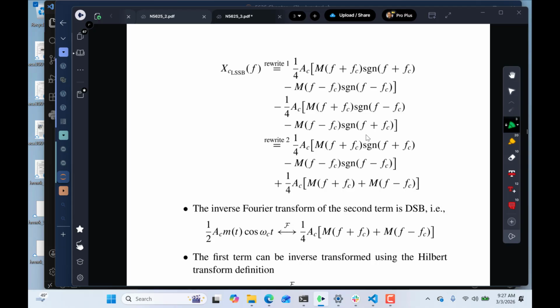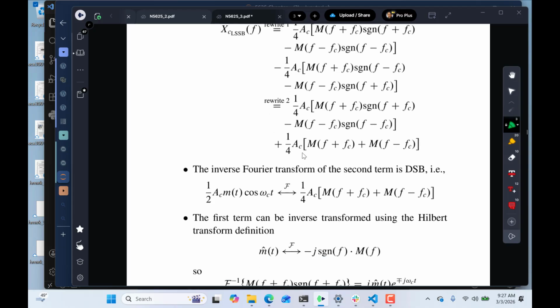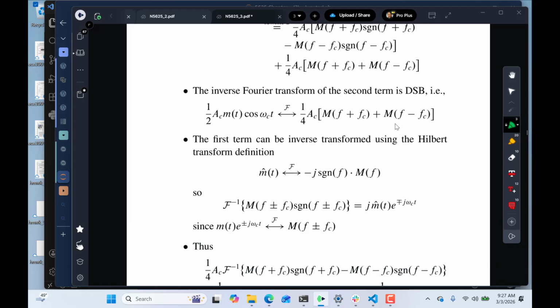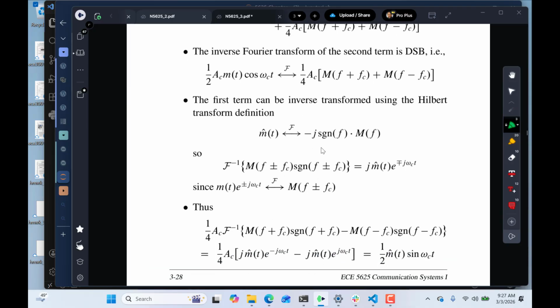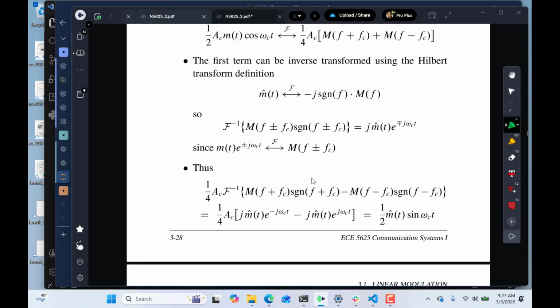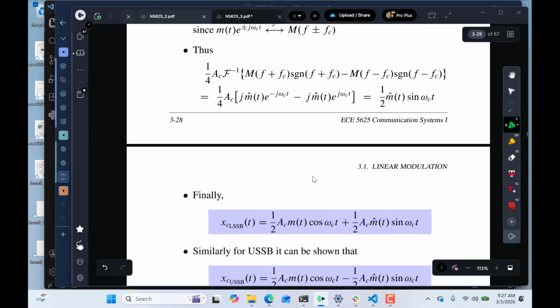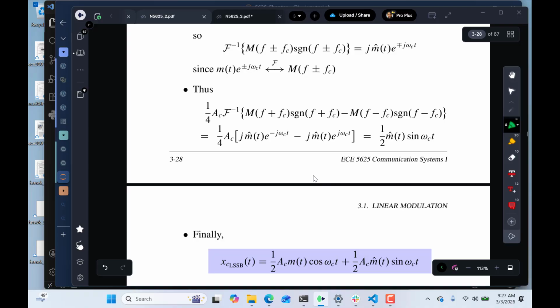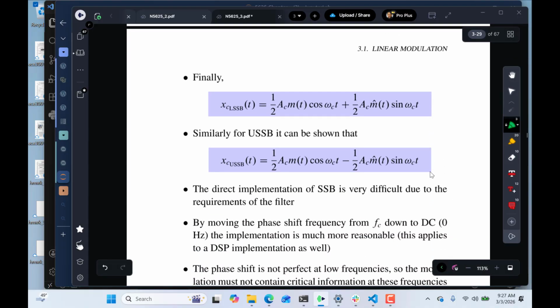What it comes down to, though, is we do a couple of rewrites of that with the signum function and the shifting, and we end up getting this as the double sideband, and then we roll inside of it the signum function on M of f and do some more math, substitutions inside of there, and what we end up with in the end are these two equations.